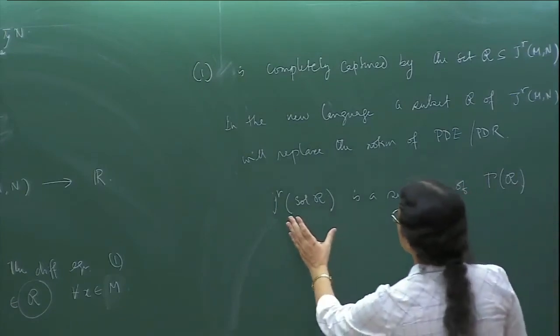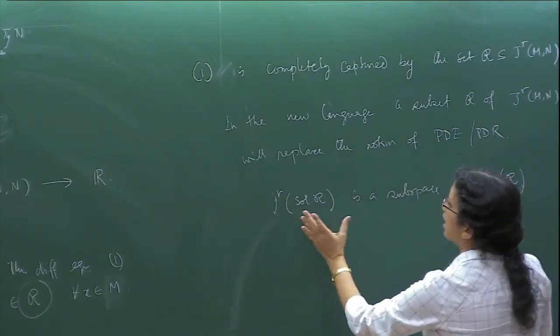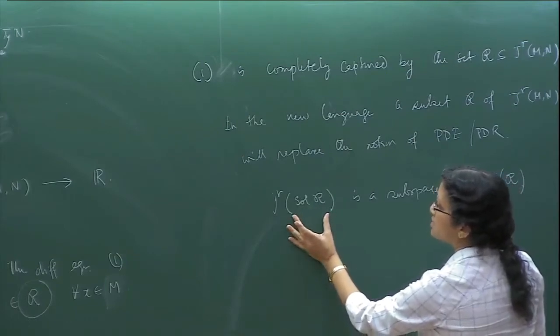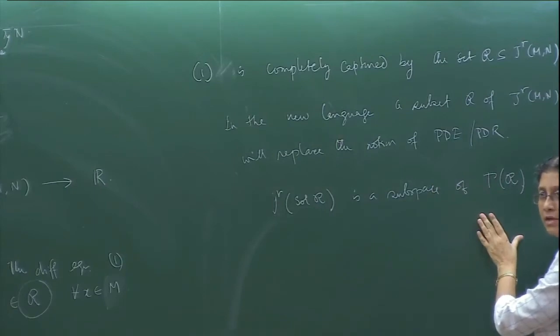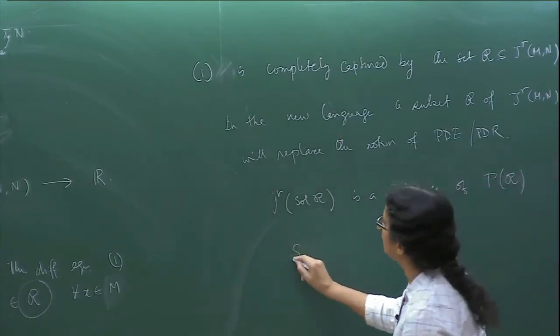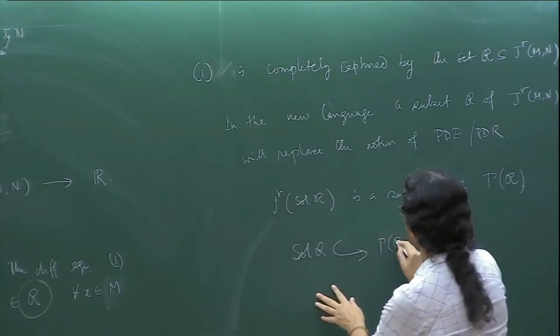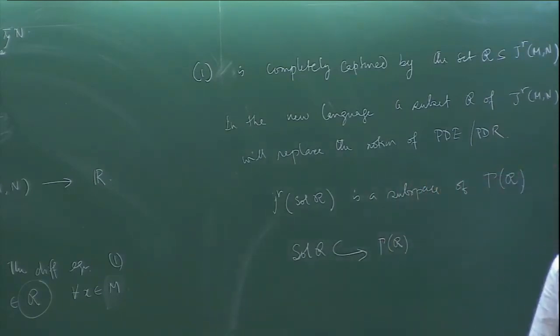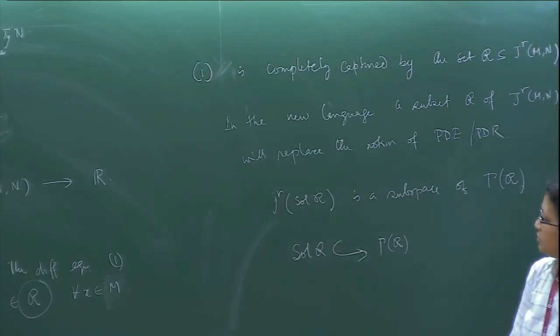Because JR was injective and JR was continuous, I identify the solution space with its image, and that is sitting inside gamma R. The question is how it is sitting inside. So as a subspace, it is sitting inside the section space of R.